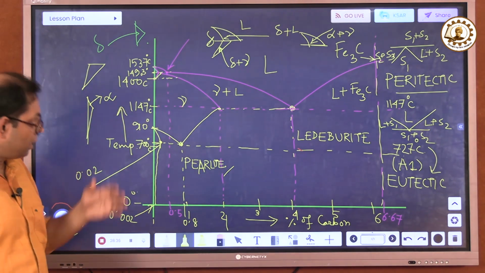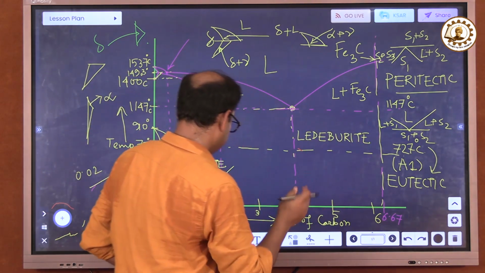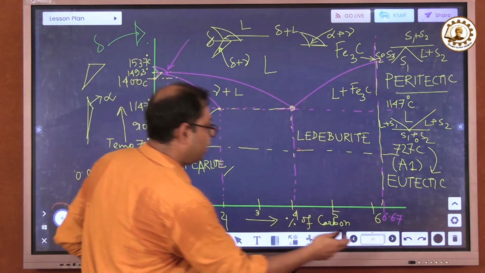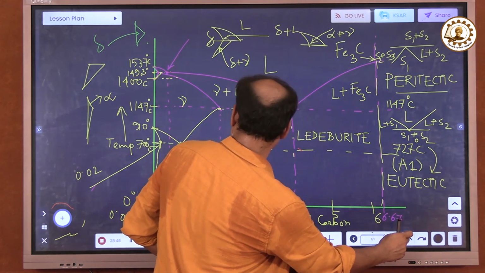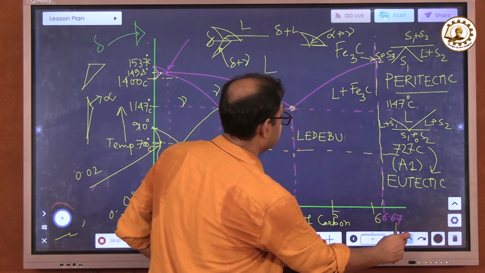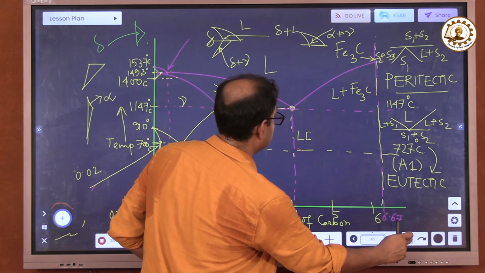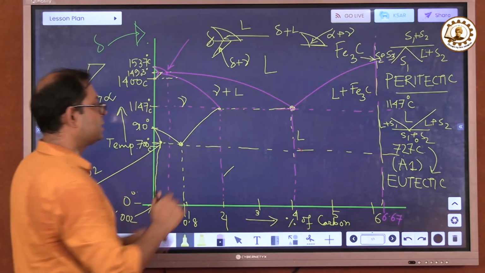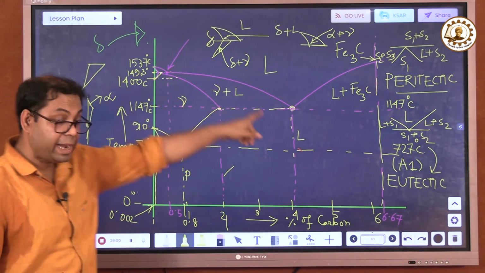Okay. Now suppose I just remove these names. Suppose it is denoted by L and this is denoted by P on that line.